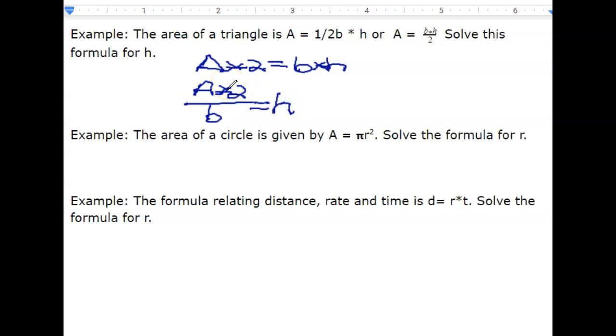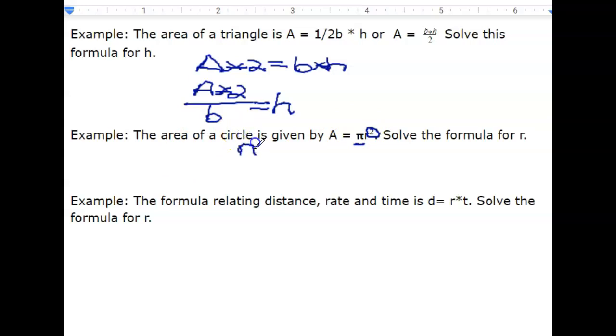Area of a circle is another one that's pretty popular. You know the size of the circle that you have, but you need to know what the radius was that you started with. And that's what this one says. Solve the formula for r. What's the radius? This says pi times radius squared. So I need to remove the pi and the squared. And we've done these before, so don't worry about that. Working through SADMAP, multiply is the first part.